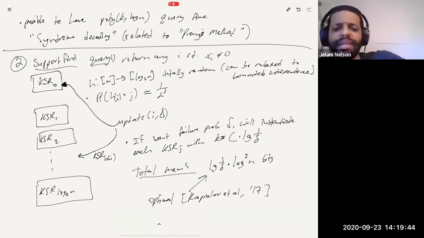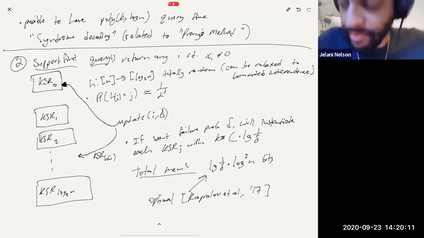But for this, you can basically use the Chernoff bound. Let's say at level KSR log n, I only expect 1 over root n elements. That's less than 1, so I don't expect any elements. What's the probability that even though I expect 1 over root n elements, I get more than k elements, more than c log 1 over delta?